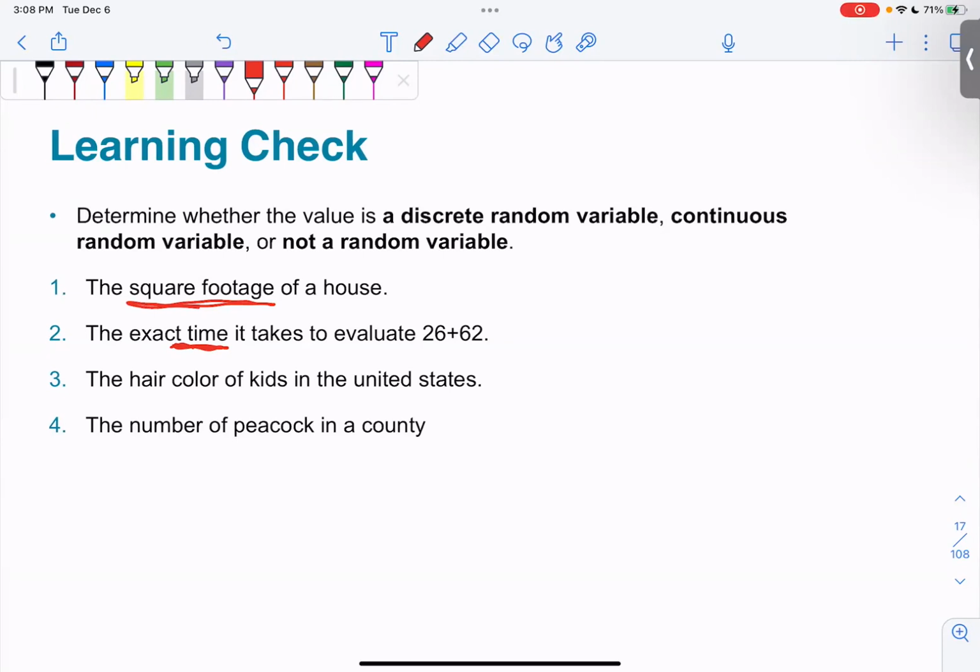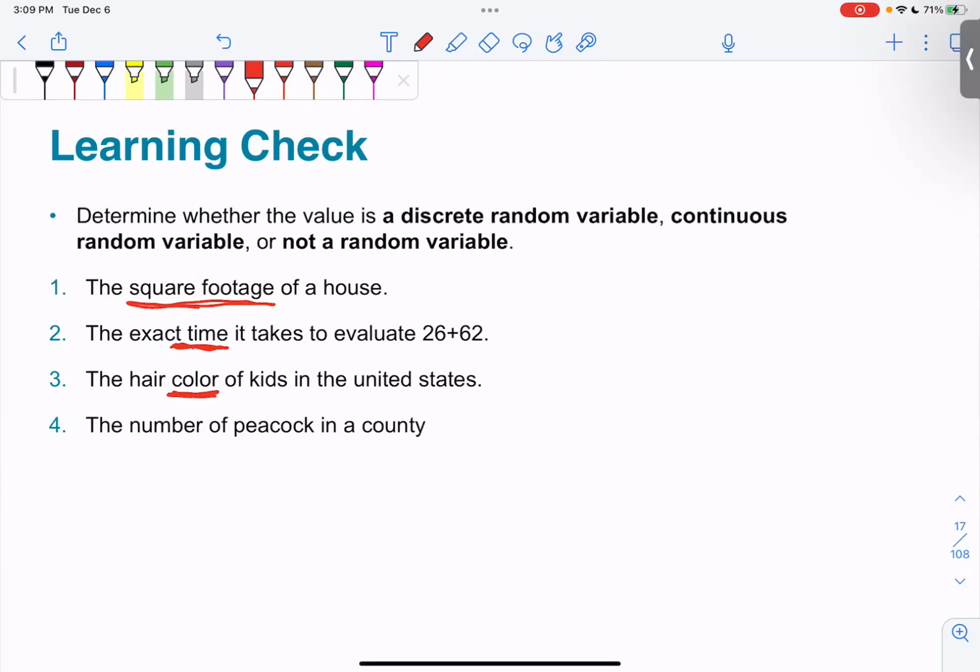So we have discrete, continuous, or not a random variable. What do you think? You have three choices: discrete, continuous, not a random variable. Now we have a color, right? So this is our variable, color.